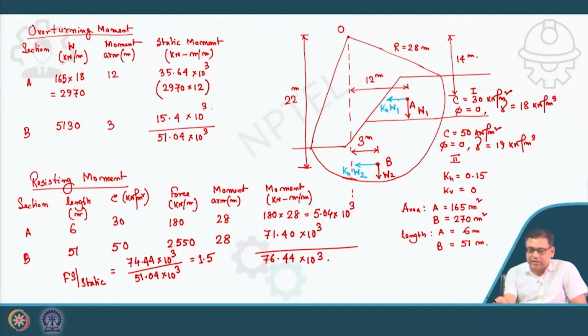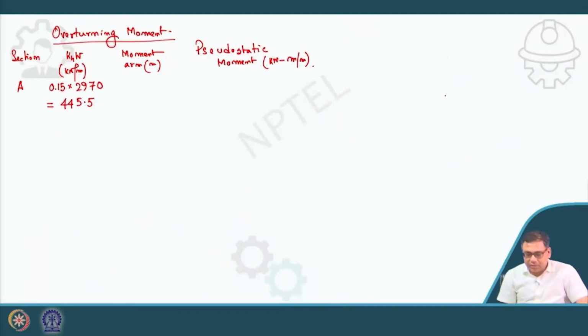Clear? Initially when we calculated W1, the moment arm was 12. Now the moment arm will be horizontal, so it will be 14. So I can write the moment arm is 14.